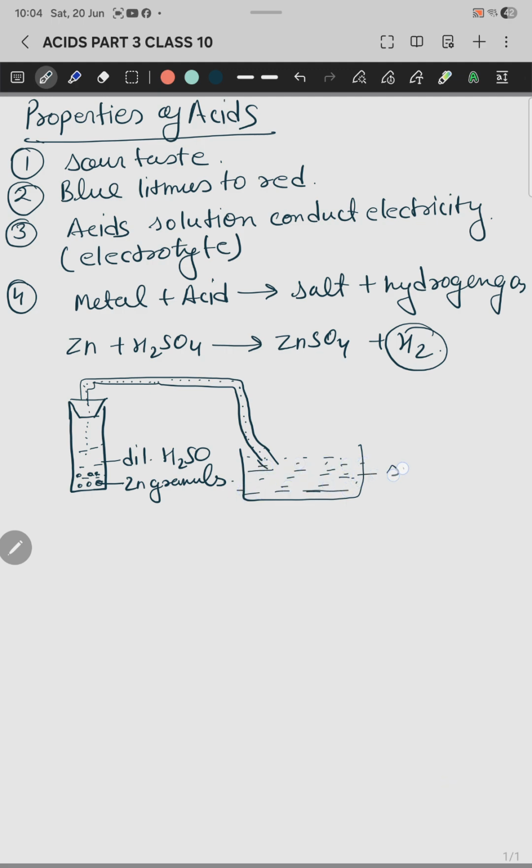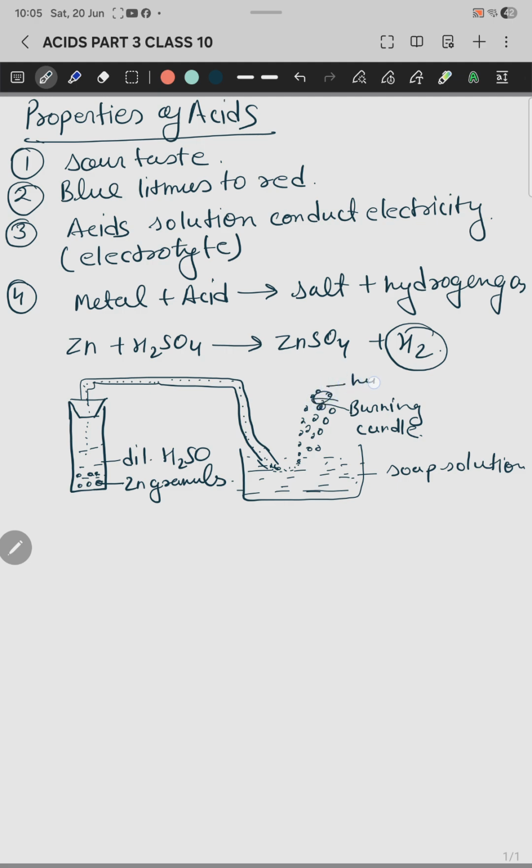And that solution is actually a soap solution, because we have to make bubbles. So when the hydrogen gas comes out from this reaction, it will come out in the form of bubbles, and when the bubbles come out, we introduce a burning candle to these bubbles.